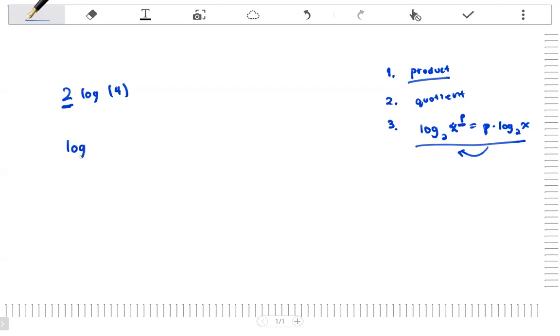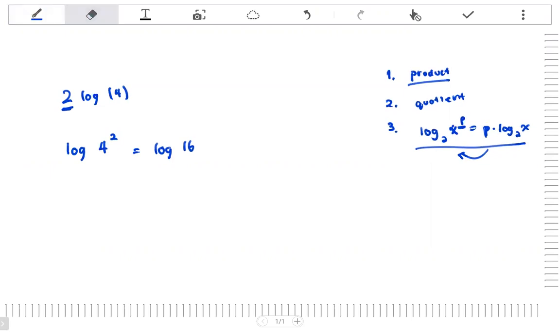So we can write this as log 4 squared, or in other words, if we simplify this further, log 16. So we can work with properties both ways. We don't only have to take the exponent out. We can also do vice versa.